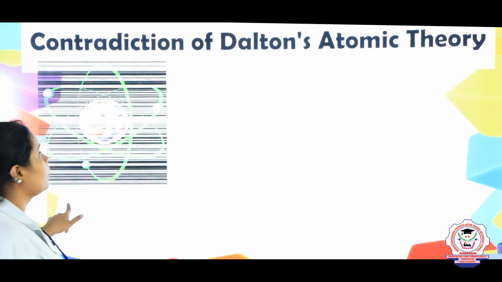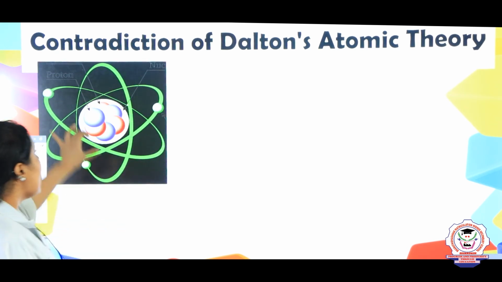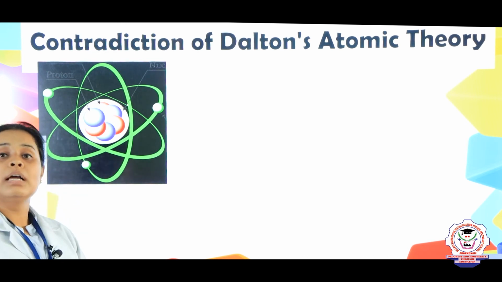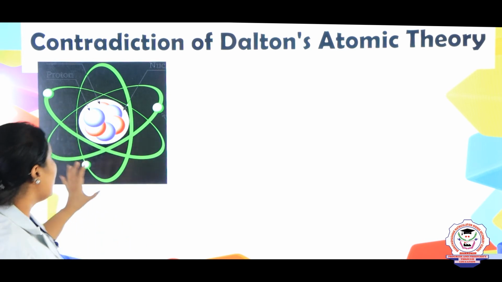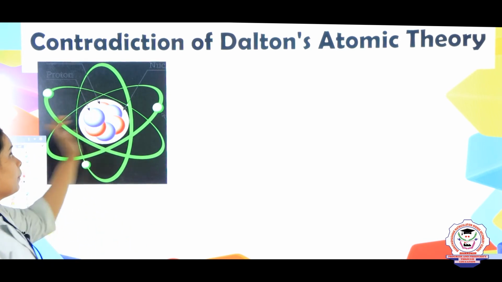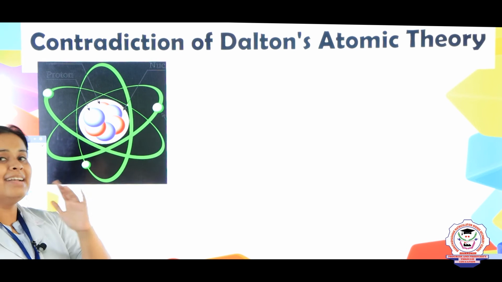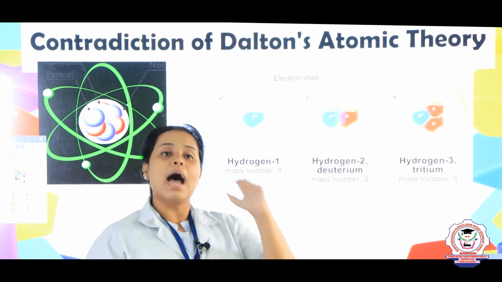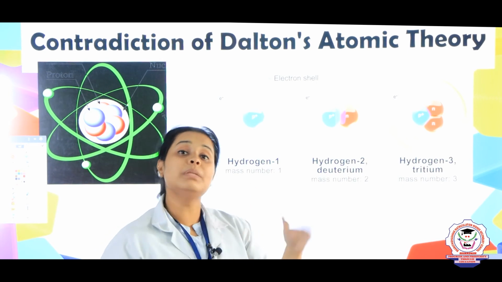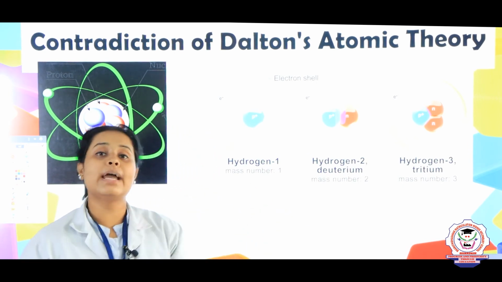So the first contradiction was that an atom is no more an indivisible substance. It became a divisible substance, where the atom's structure has a proton, electron and neutron. The second one is, he said that atoms of the same kind will have similar properties.